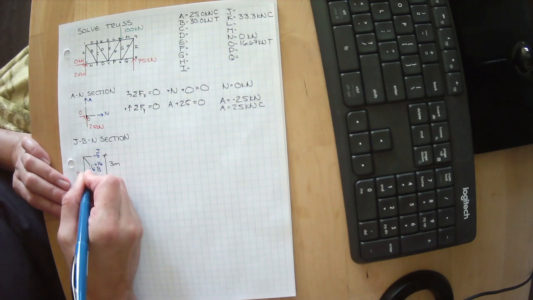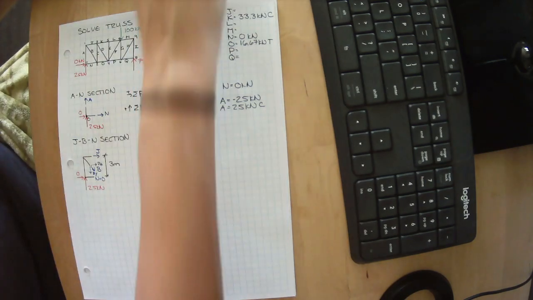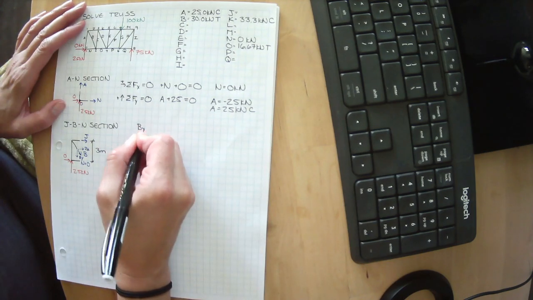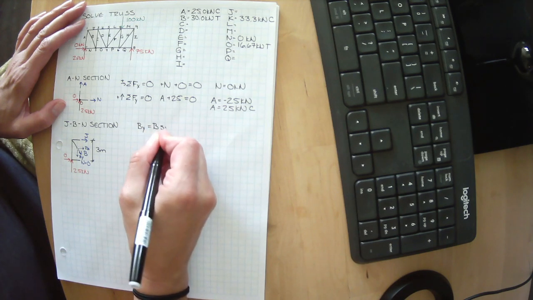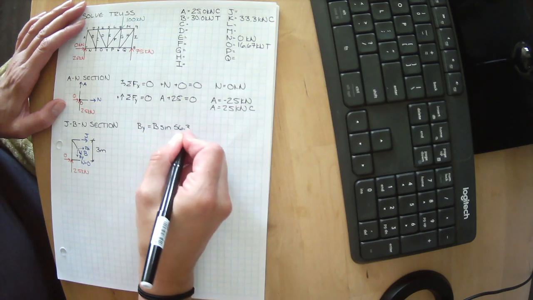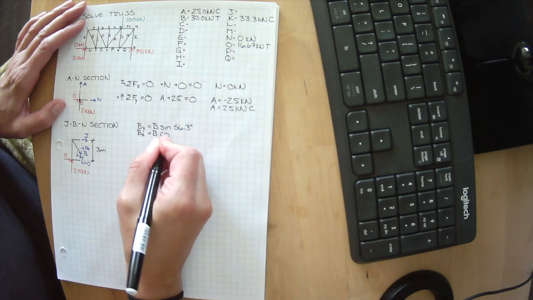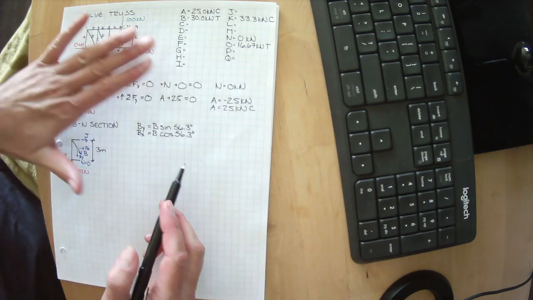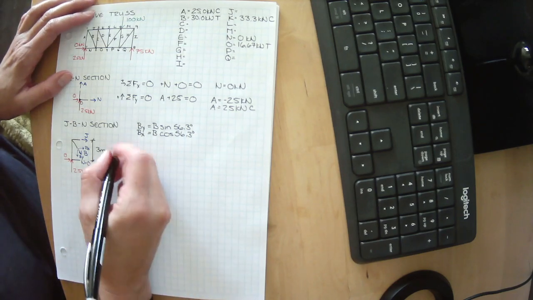I've got BX, and I've got BY, and I know, based on my angles, that BY equals B times the sine of 56.3 degrees, and BX equals B times the cosine of 56.3 degrees. So we can just plug these in for anywhere we see BY or BX.